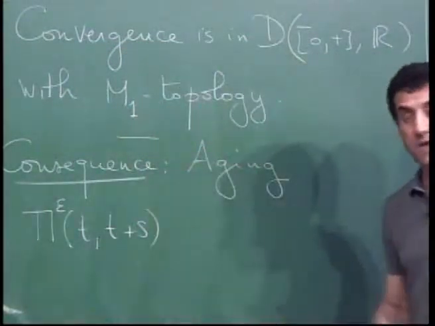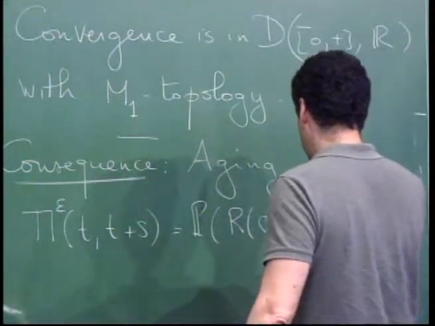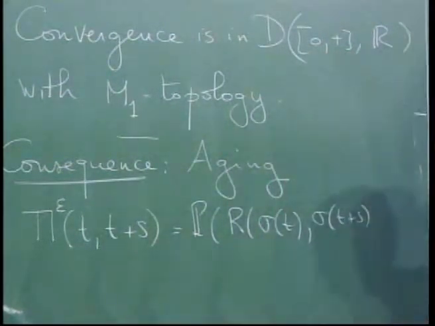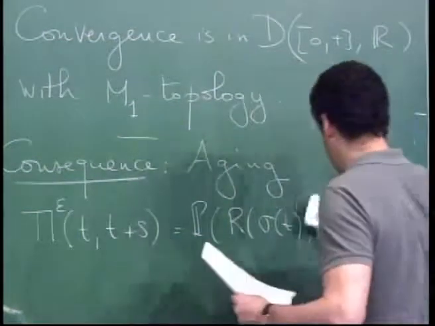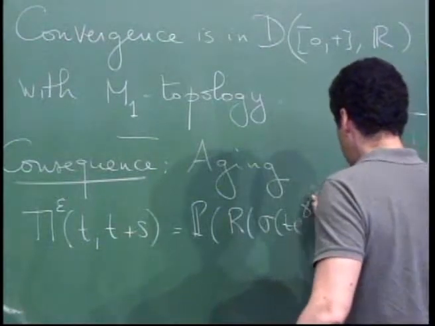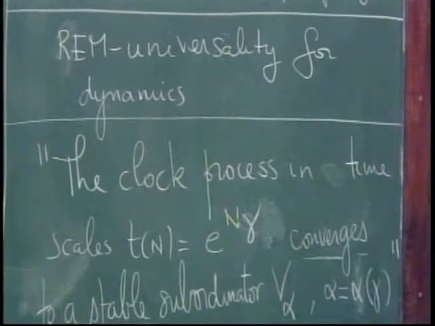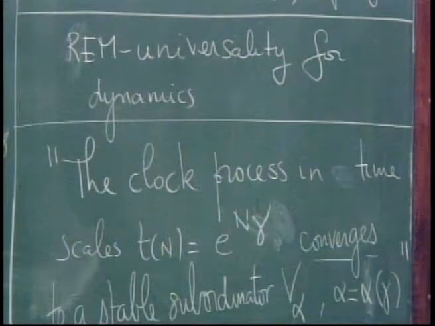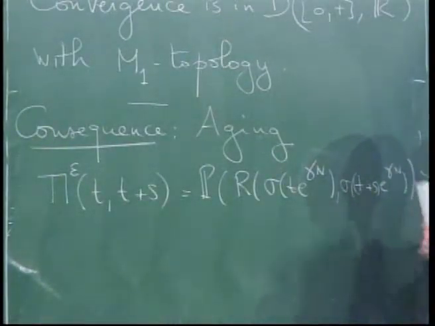This would be the probability that the overlap of my sigma of t and sigma of t plus s, I should write my time scale, exponential gamma n. Oh, by the way, here I should then just put gamma, and that would work. And sigma of t plus s gamma n, exponential gamma n. The probability that this overlap is larger than 1 minus epsilon.